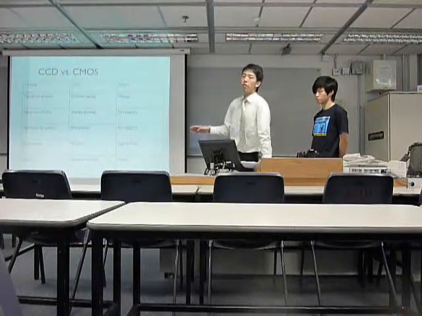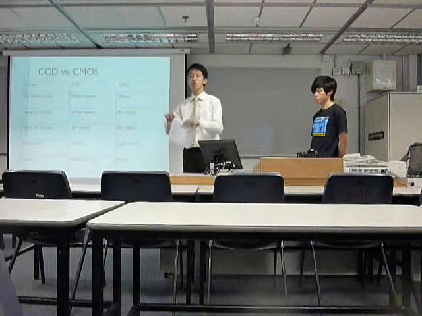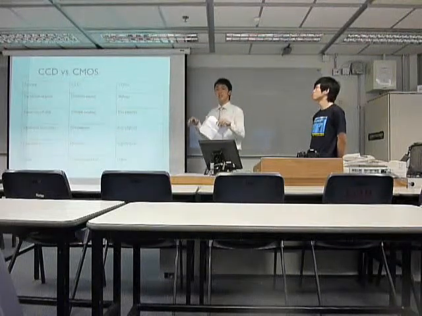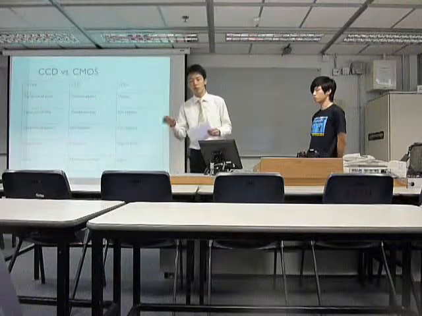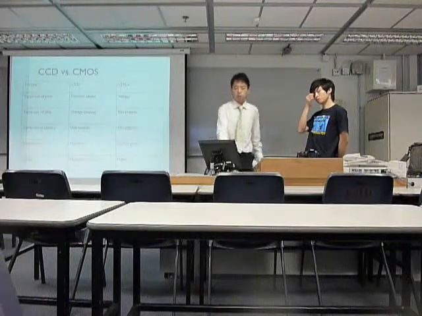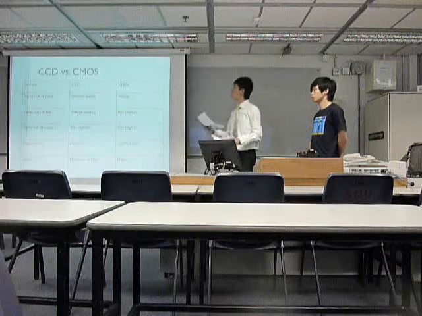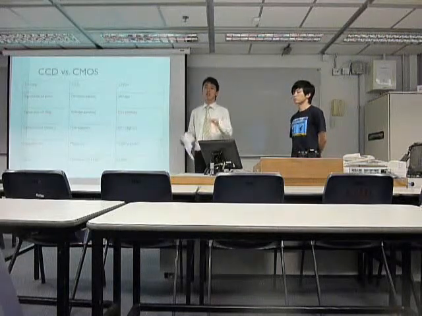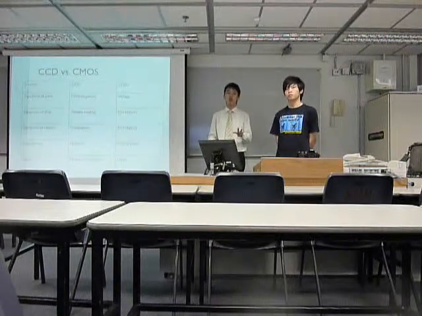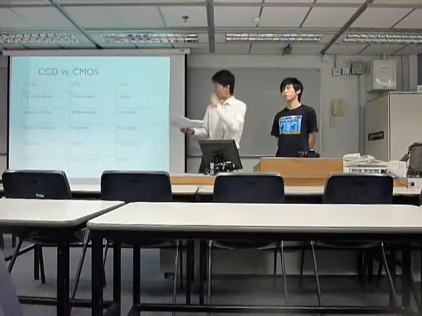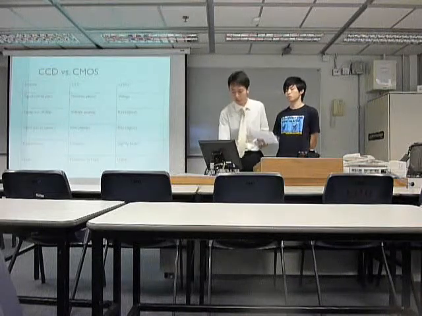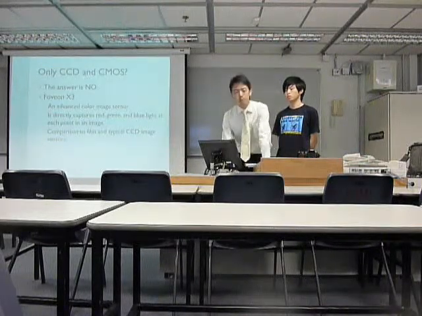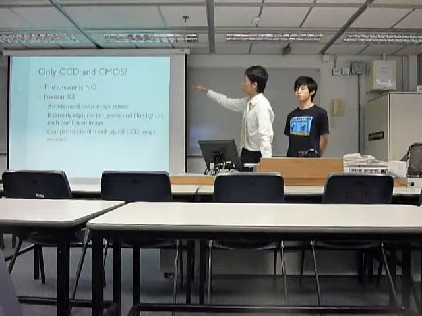In CMOS, every pixel has its own charge to voltage conversion, and the output uniformity is relatively lower. But CMOS has lower energy consumption and offers faster response and speed, so we can use this in the DSLR to record movies or light. And there's not only CCD or CMOS.